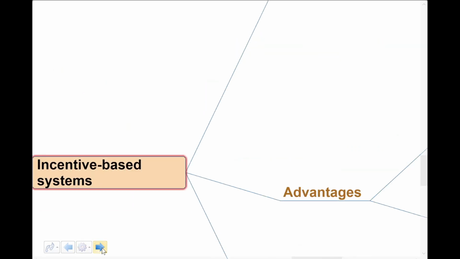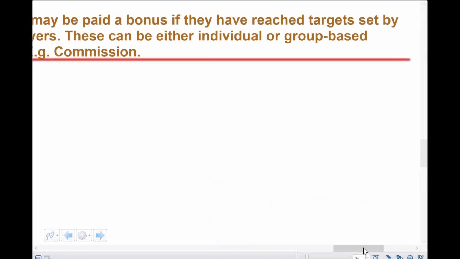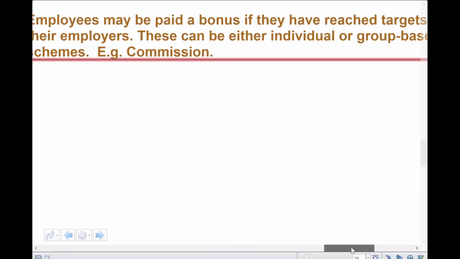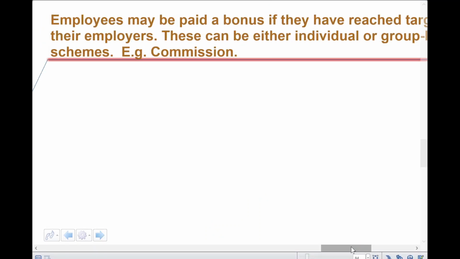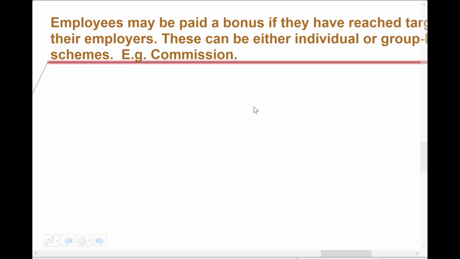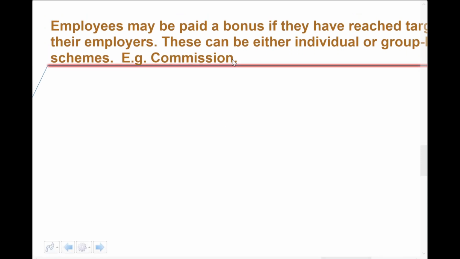Moving from there, in terms of incentive-based systems, you may be familiar with these. Obviously, incentivizing employees to work harder is certainly something that employers want to do. So this is all about, I guess, paying a bonus linked into some sort of target. It could be down to the individual themselves or possibly a group.